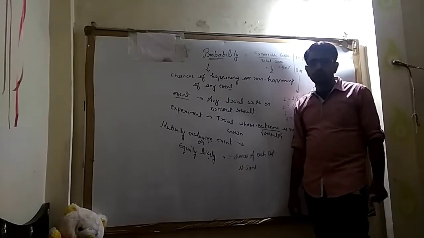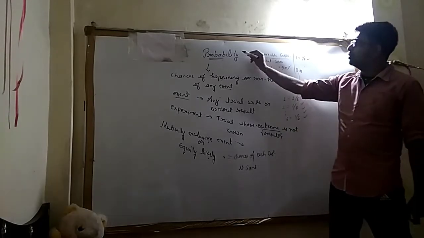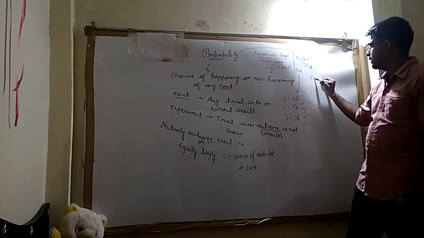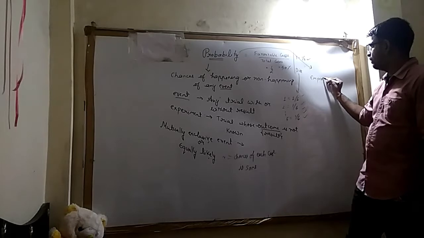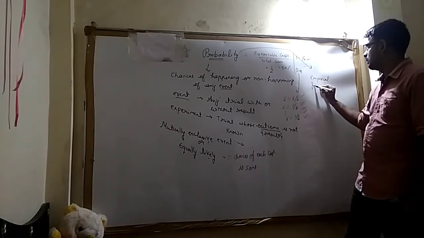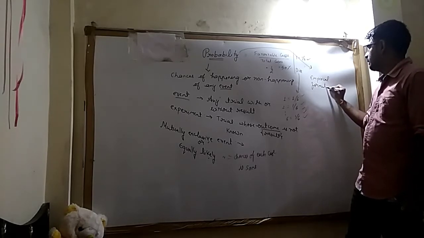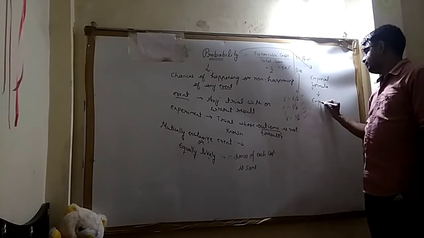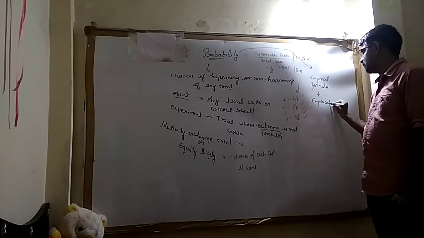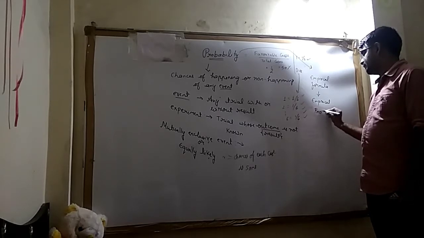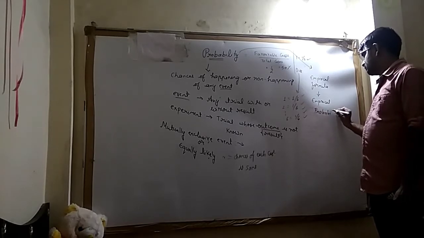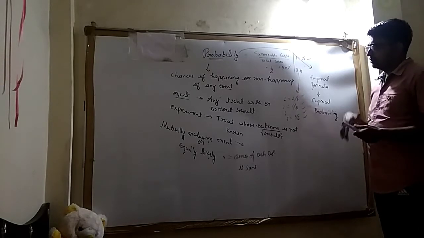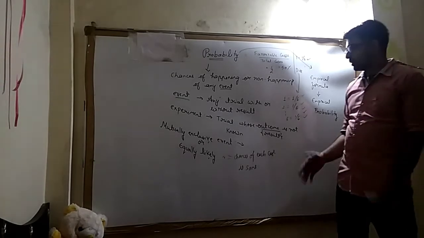Okay, so this formula of probability is known as the empirical formula, and such type of probability is known as empirical probability. Okay, so once again I will explain.